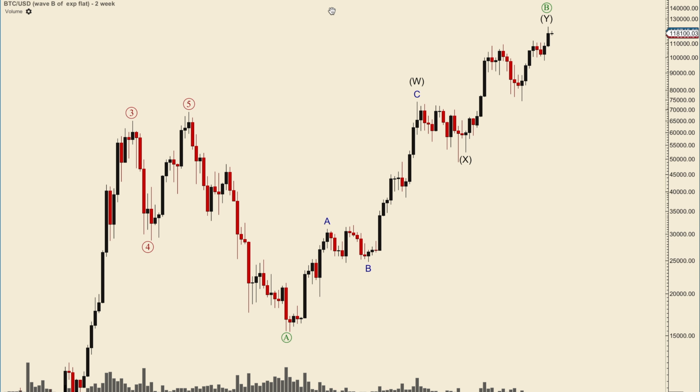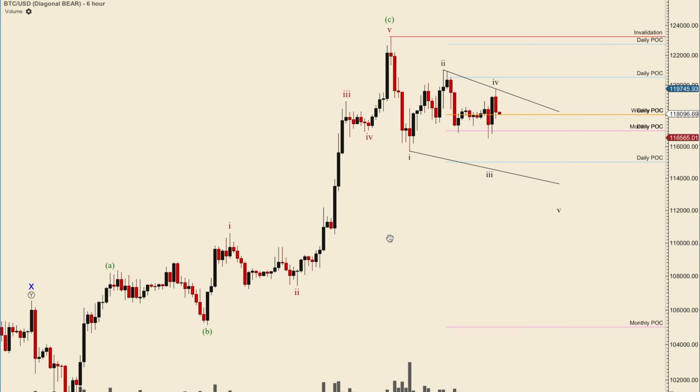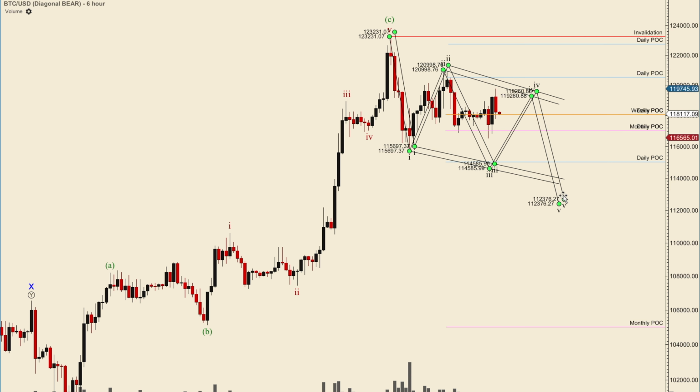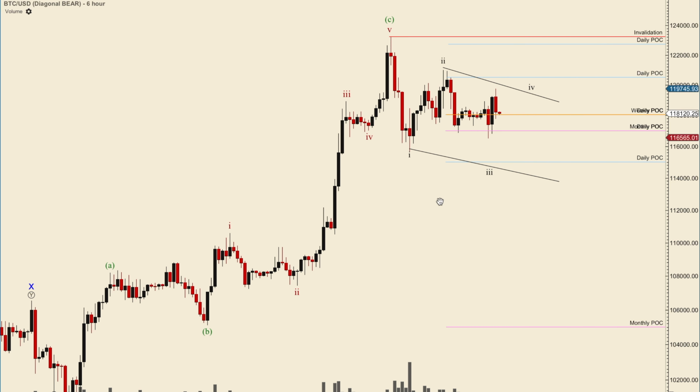So, and also we have this scenario, if we count this bearish as well, A, B, 1, 2, 3, 4, 5 to finish C, and we have 1, 2, looking for a 3, and then a 4, and then a 5. So we have a leading diagonal as a wave 1, and then 2, and 3, and 4, and 5.